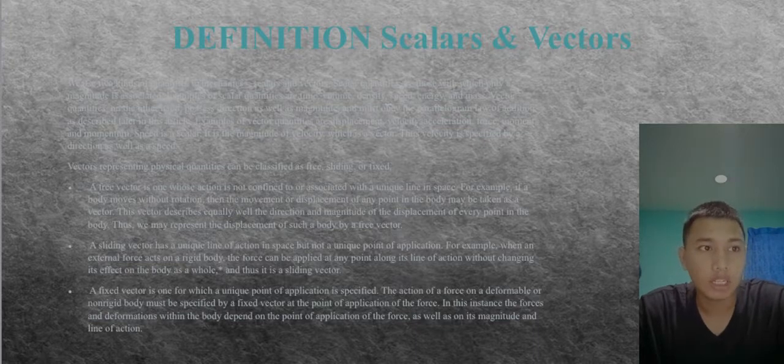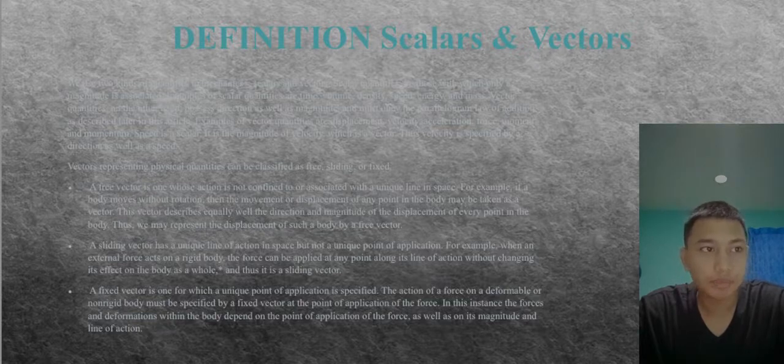For example, if a body moves without rotation, then the movement or displacement of any point in the body may be taken as a vector. This vector describes equally well the direction and magnitude of the displacement of every point in the body. Thus, we may represent the displacement of such a body by a free vector.